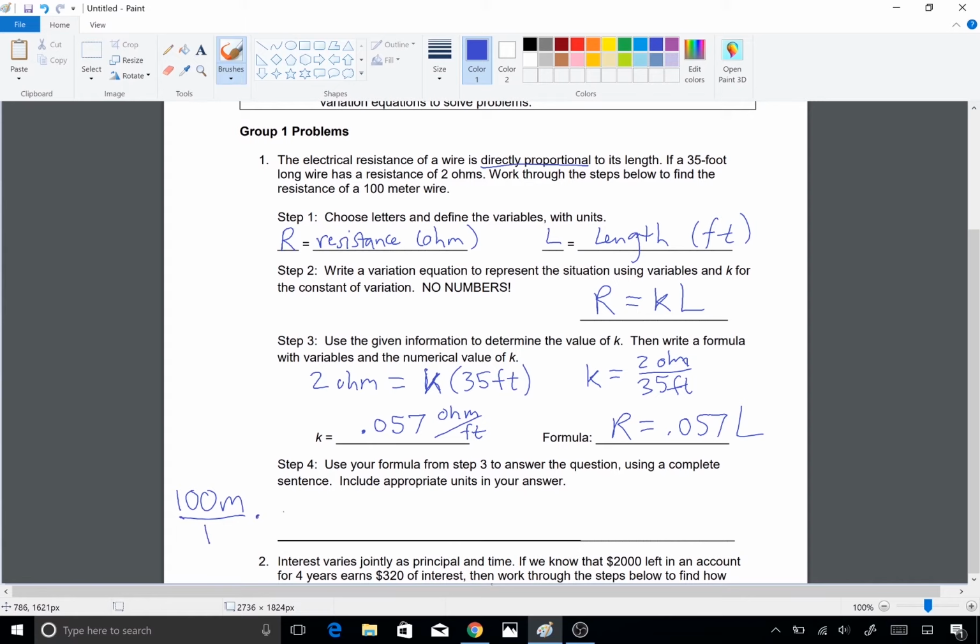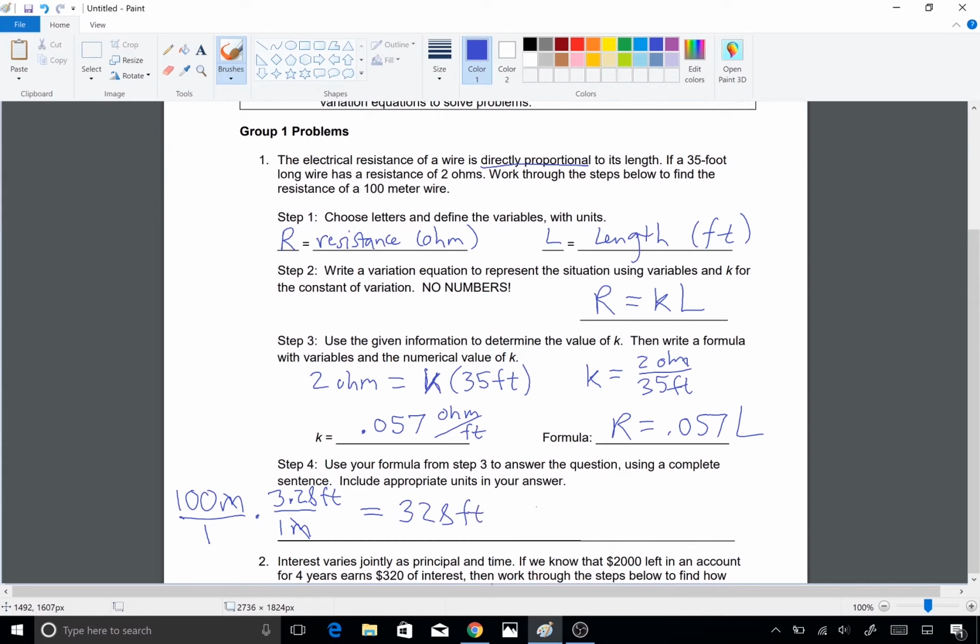So it's 100 meters, and we'll want meter at the bottom and feet on top, and there are 3.28 feet per meter. I just looked that up on Google, and that gives us 328 feet for the length of our wire.